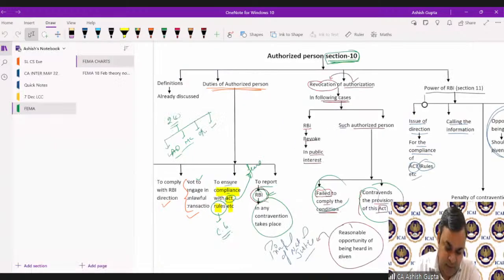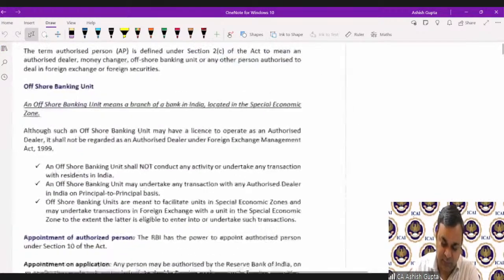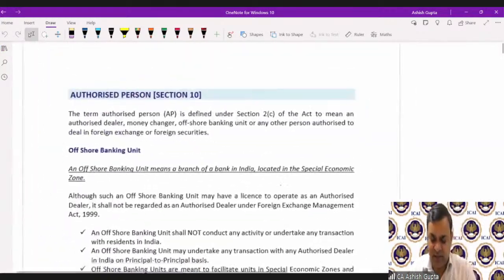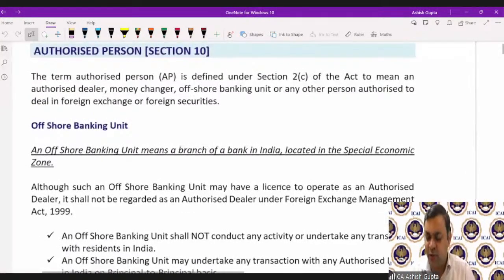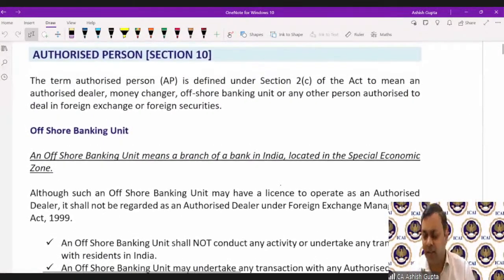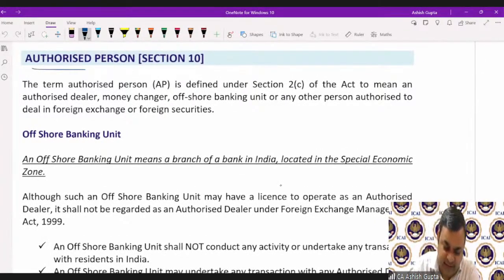Okay, so let us move towards the theory part. Section 10, and these are your study material notes, but I have rearranged those notes in a proper manner. Authorized person: section 10 deals with the authorized person.